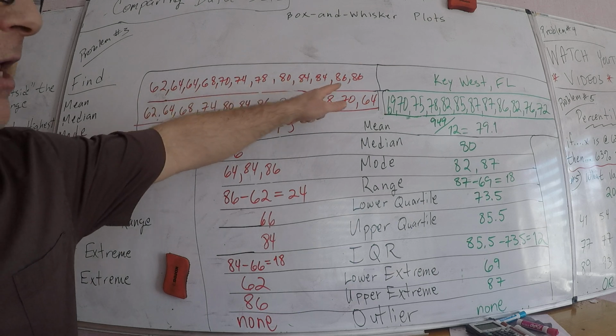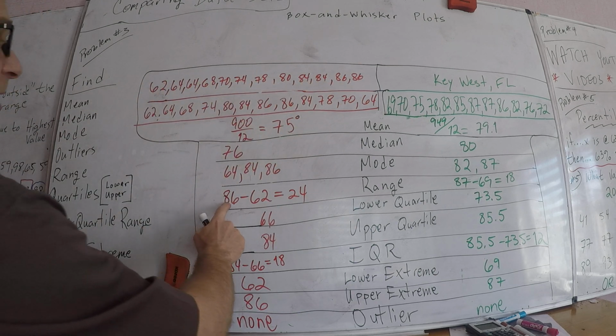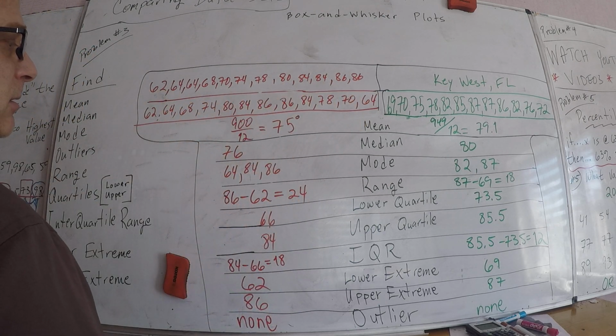This is in order from lowest to highest. So, 86 minus 62.